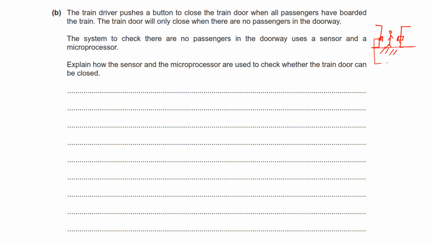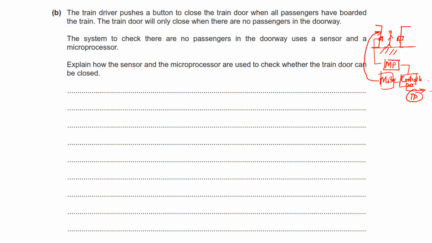The sensor is connected to a microprocessor, which I call MP, and that microprocessor is then connected to a controller that controls the door. That sends a signal to a motor, which moves the doors, and also sends a signal to the train driver.